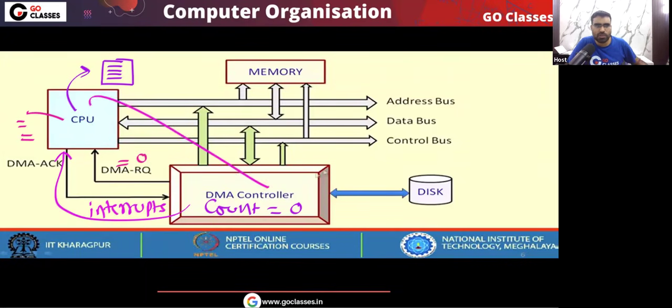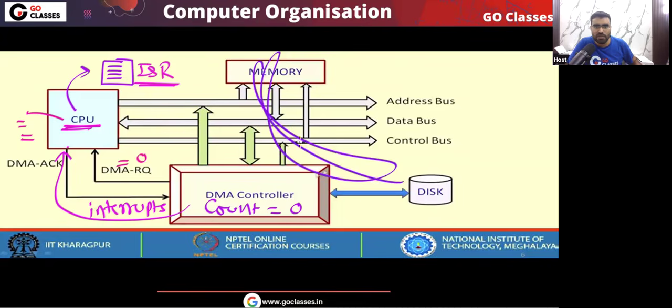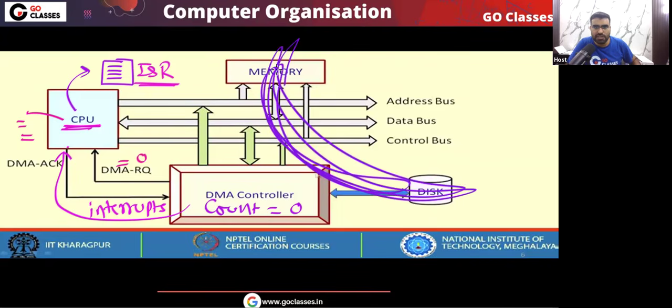And also at the end, because when the data transfer is over, the DMA controller will send an interrupt signal to the CPU, and the CPU will execute the ISR, the interrupt service routine. So the CPU is involved only at the beginning and at the end, but not during the data transfer.